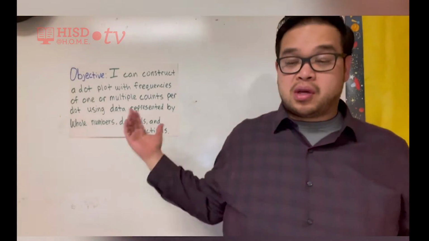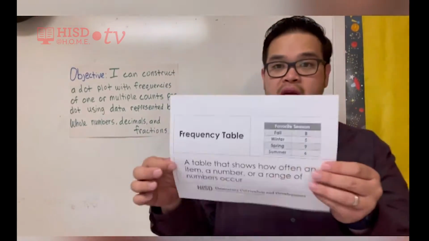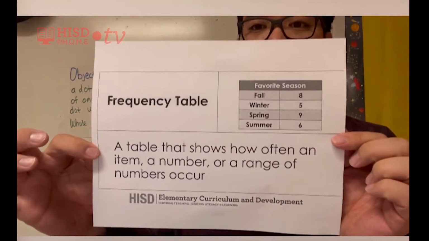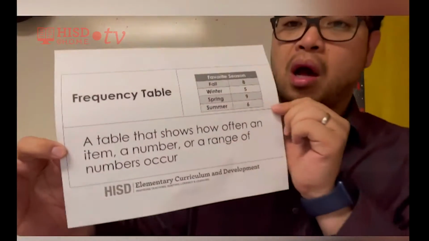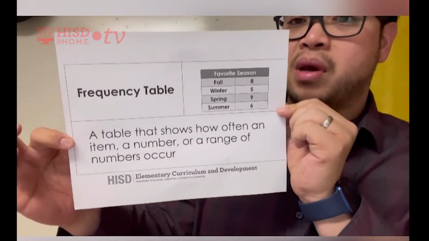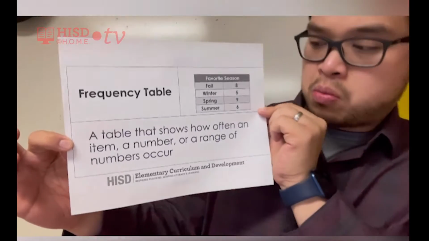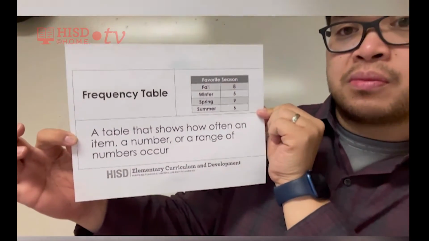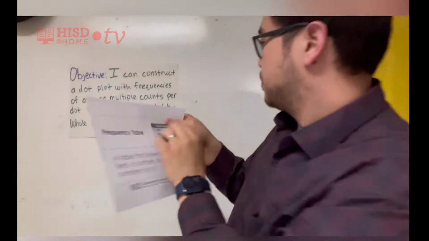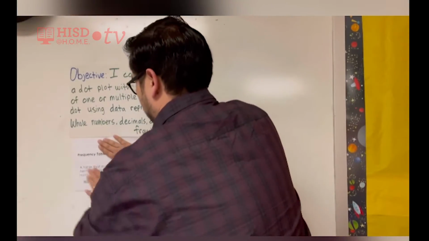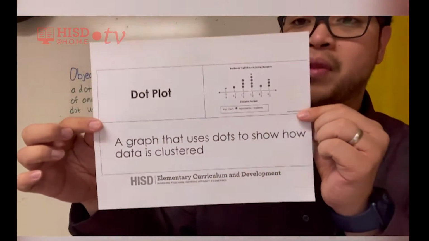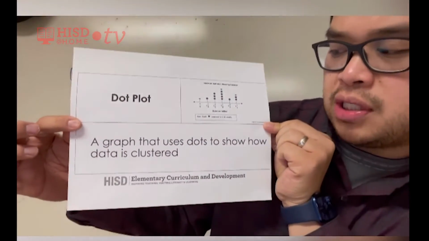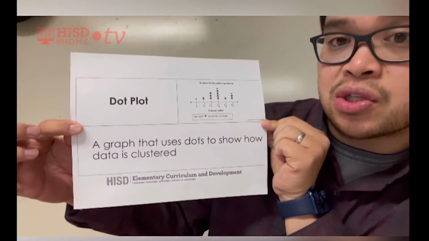And before we get into the lesson, let's review our vocabulary. We have a frequency table, a table that shows how often an item, a number, or a range of numbers occur. Then we have a dot plot, a graph that uses dots to show how data is clustered.